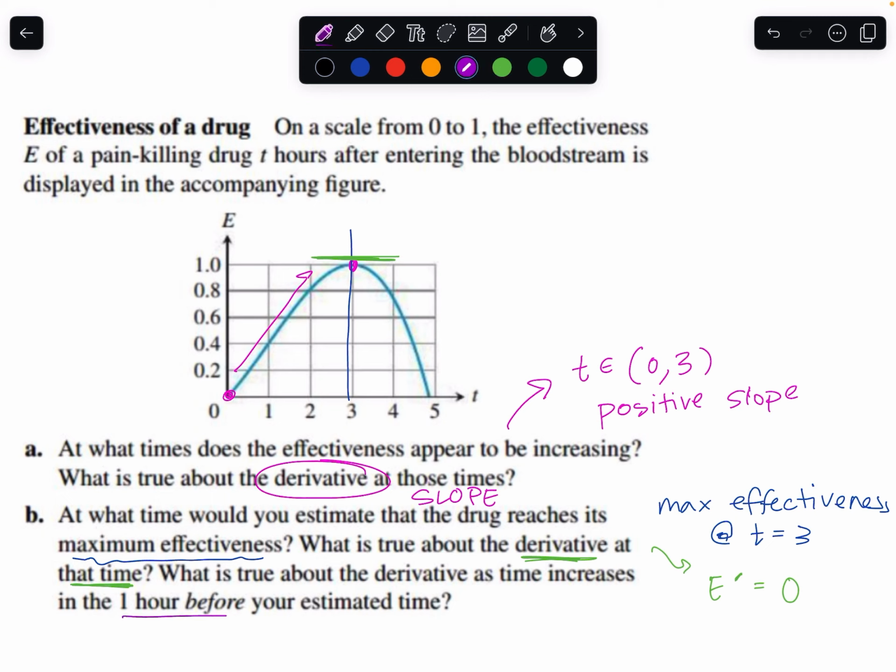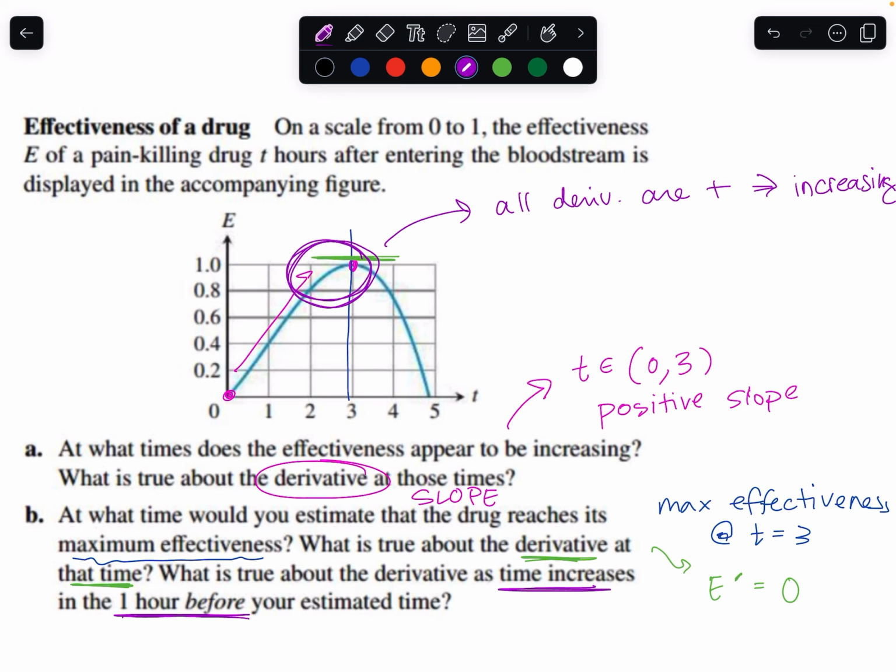If we're just zoomed in on this one little moment, all of the derivatives are positive, and a positive derivative, what we're starting to intuit, means increasing.